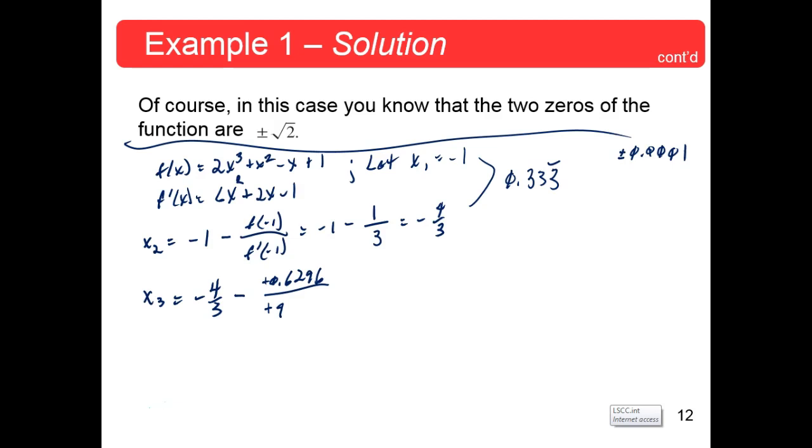Anyone got that calculated yet? Anybody? Help me, help me. Anyone got it? -1.26. -1.2633... No, 26. 267.